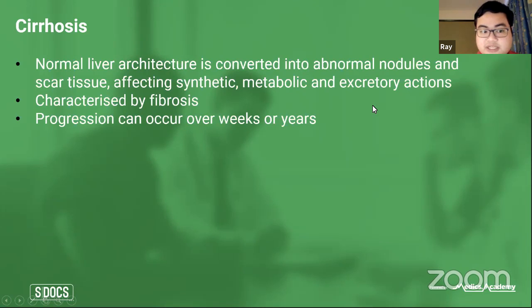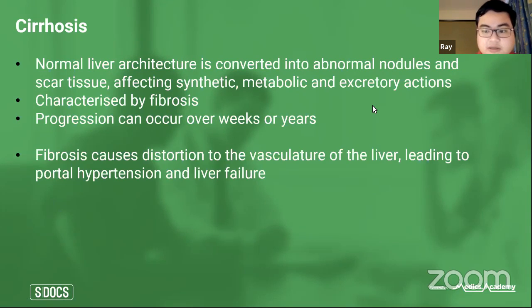Cirrhosis is characterized by fibrosis, and progression can occur over weeks or years, so it can be very fast or very slow, depending on the individual extent of the disease. Fibrosis causes distortion to the vasculature of the liver, leading to portal hypertension and esophageal varices or liver failure as well.